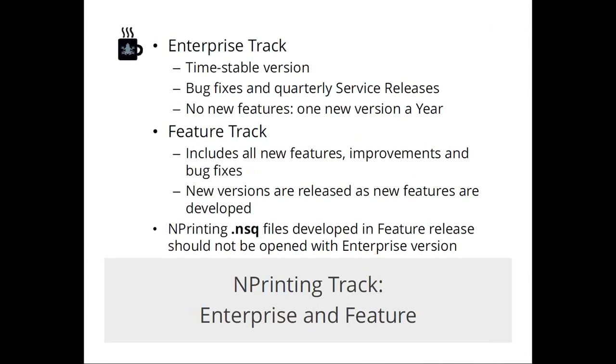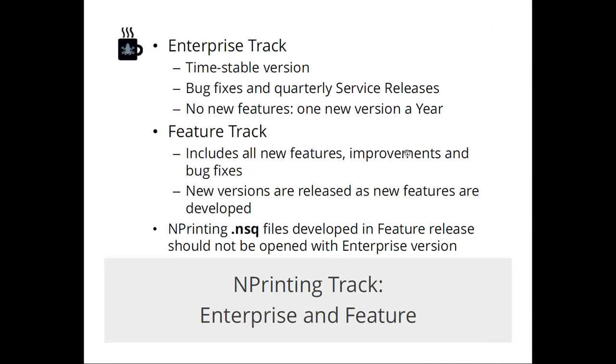So some organizations prefer an Enterprise track which does not require the testing of new features as they're released. If you don't have that large infrastructure of tests that need to be performed, the feature track is probably suitable for you. Any questions about that?